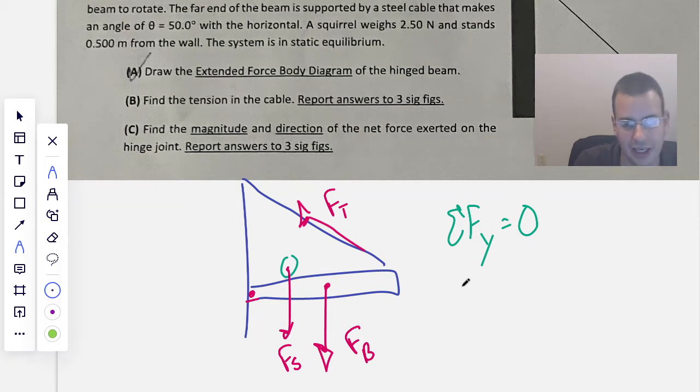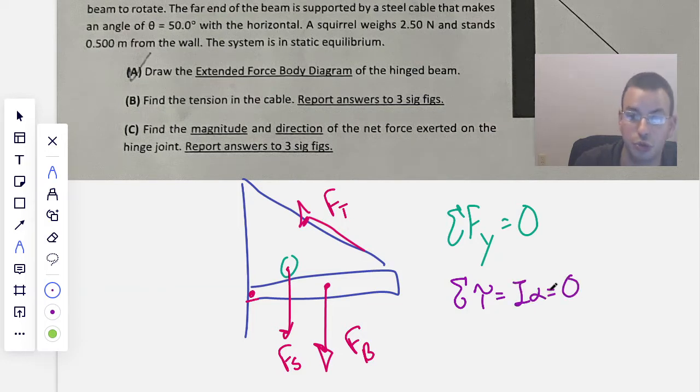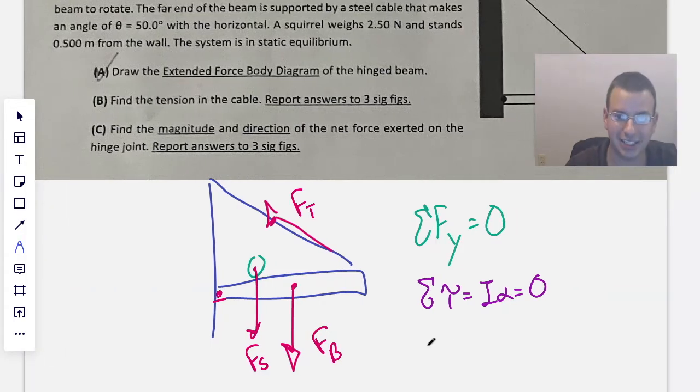Looking at the same concept, we can say the sum of all torques, which is moment of inertia times alpha, is 0, since there is no rotation and no angular acceleration.